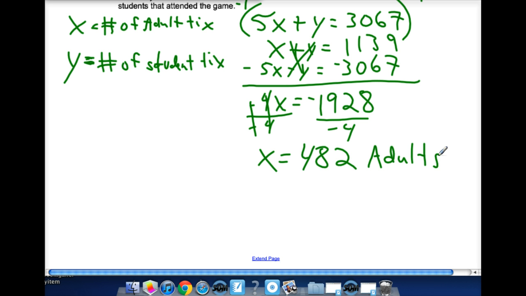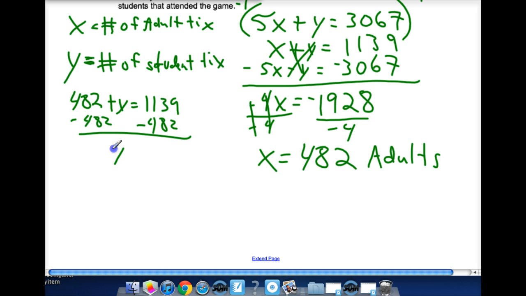Now I'm going to use the x plus y one. 482 plus y equals 1139. Subtract 482 from 1139. Somebody do that, please. 657. Did I do that one right?